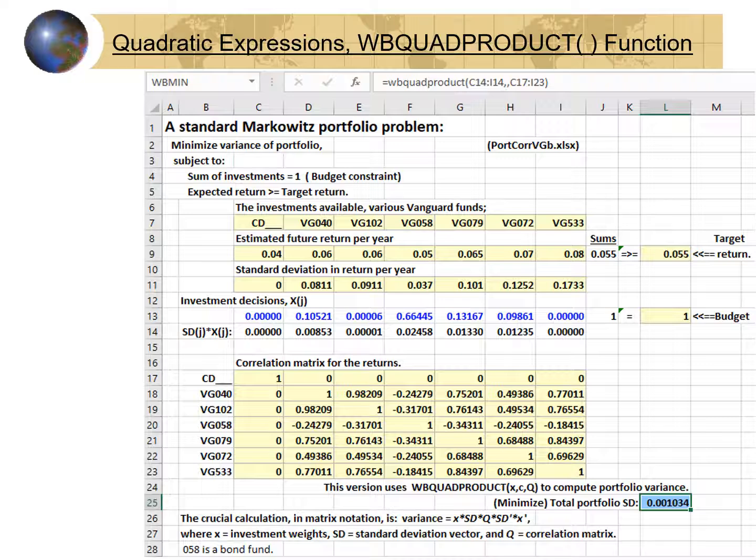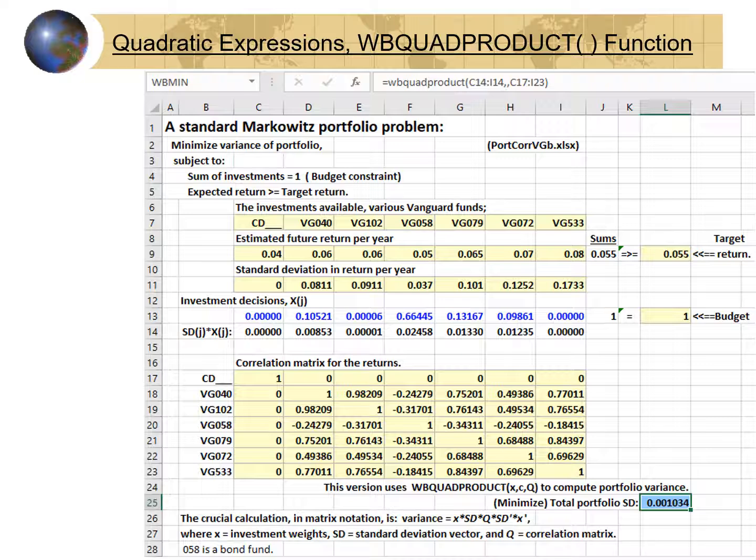If you're comfortable with matrix notation, you want to compute something like x Q x prime. Down towards the bottom in row 26, you compute the weight vector x times the standard deviation vector times the Q matrix times the transpose of the standard deviation vector times the weight vector, and that gives you the variance of the portfolio there in the blue in column L, row 25 of the spreadsheet.